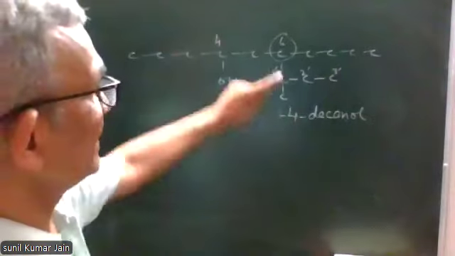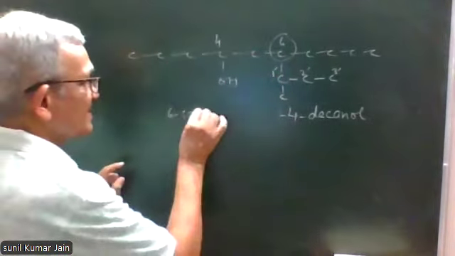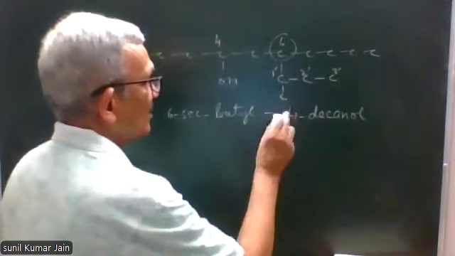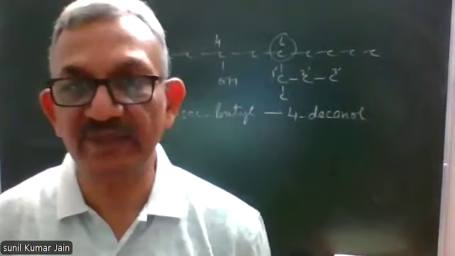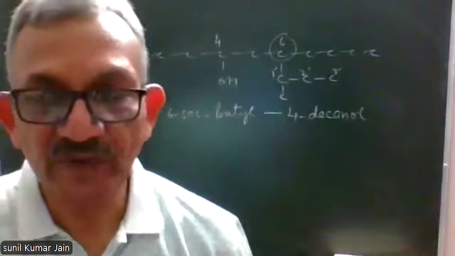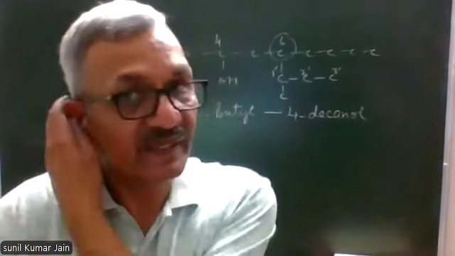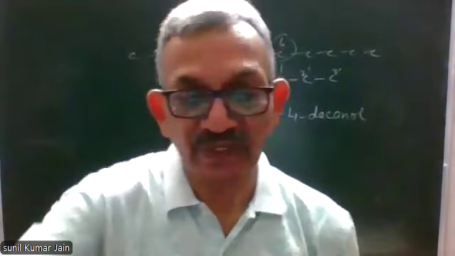And this secondary butyl is attached to carbon number 6. So this will be 6-secondary butyl-4-decanol. How do you use the prefix secondary or neo or tertiary? That will come later in the first chapter of organic chemistry.